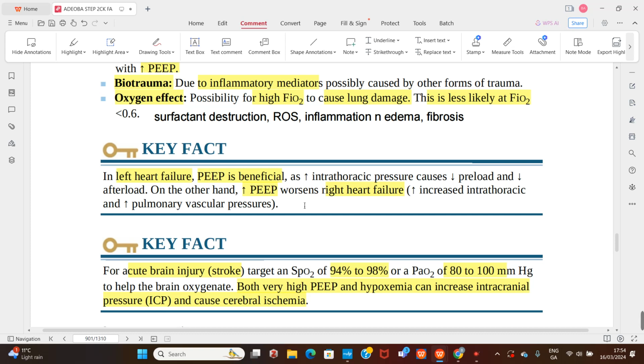So if you increase the PEEP, you increase the intrathoracic pressure. The intrathoracic pressure is transmitted into the pulmonary vessels, which are the vessels of the lungs in the thoracic cavity. And when you exert pressure on the vessels, it's going to reduce flow within those vessels.